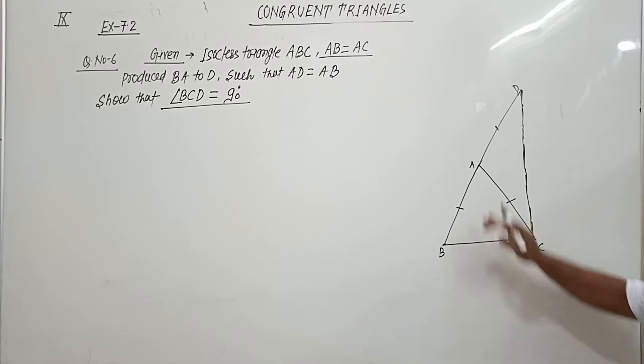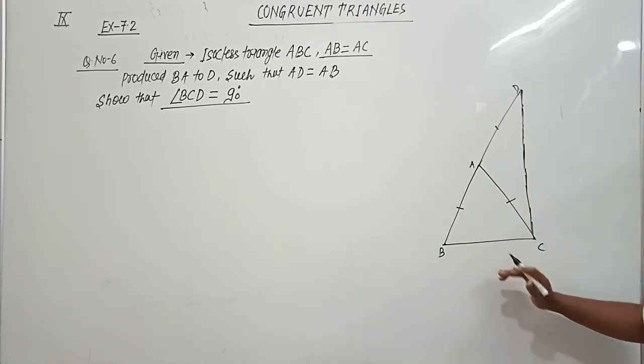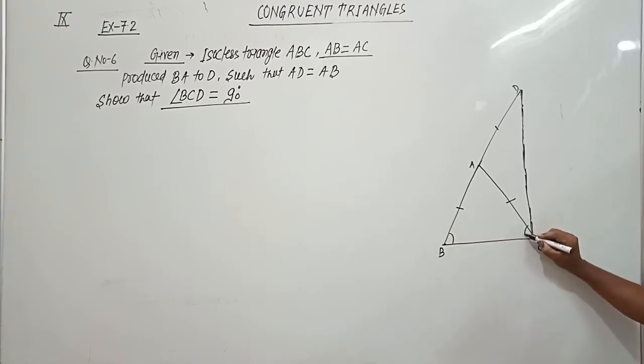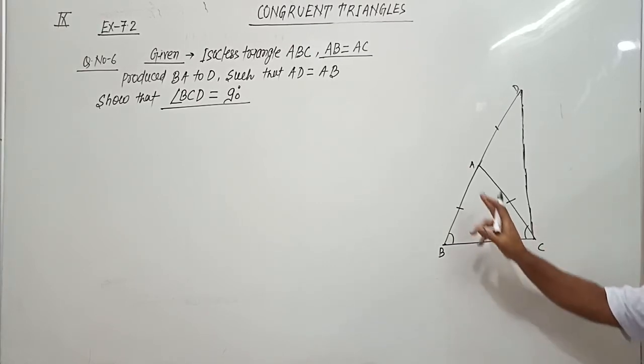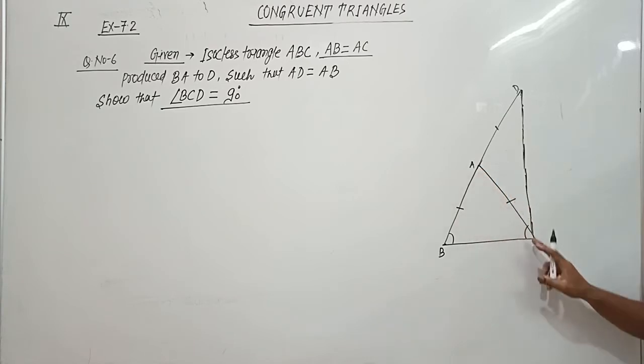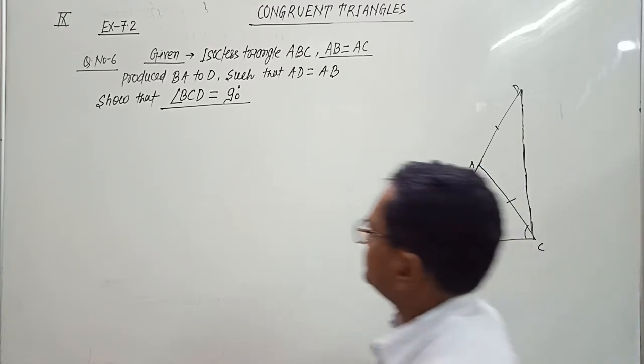So we have given triangle ABC is isosceles, so its base angles must be equal.